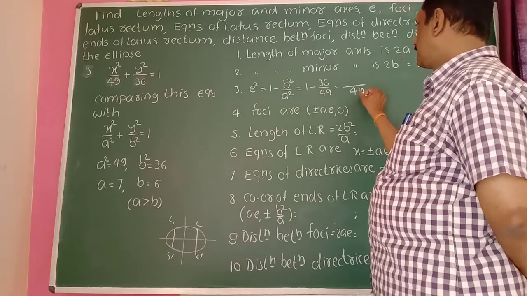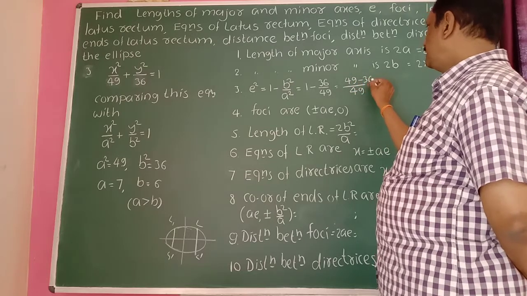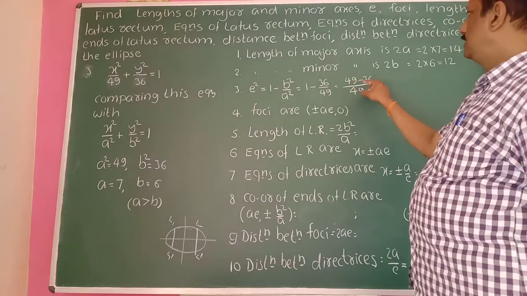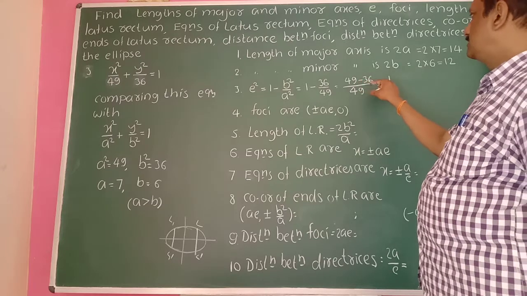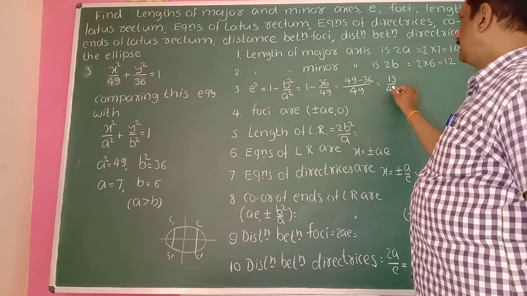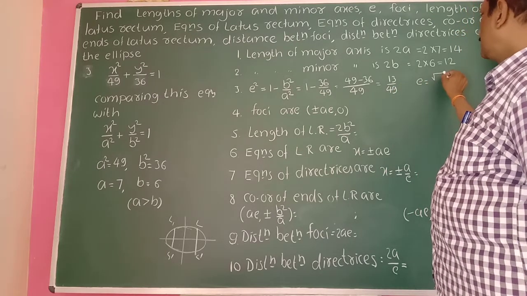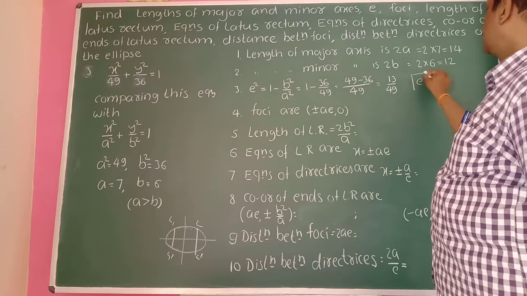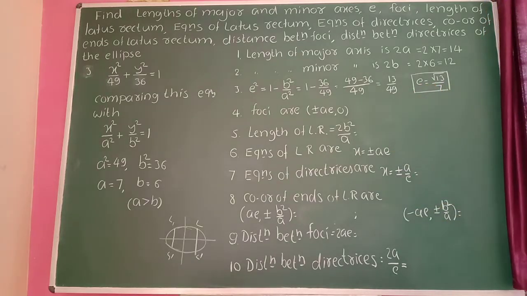So 49 minus 36 is 13, divided by 49. Therefore the eccentricity is root of 13 divided by 7. So the eccentricity is root of 13 divided by 7.